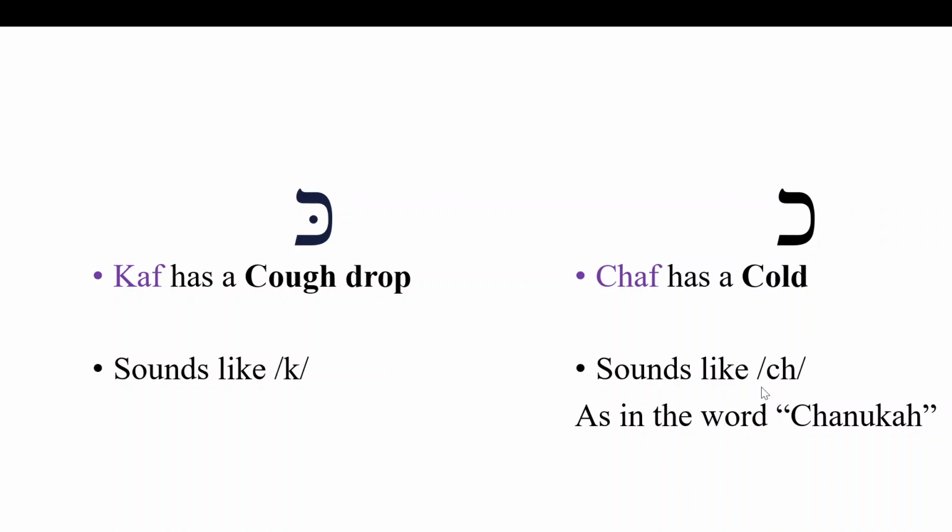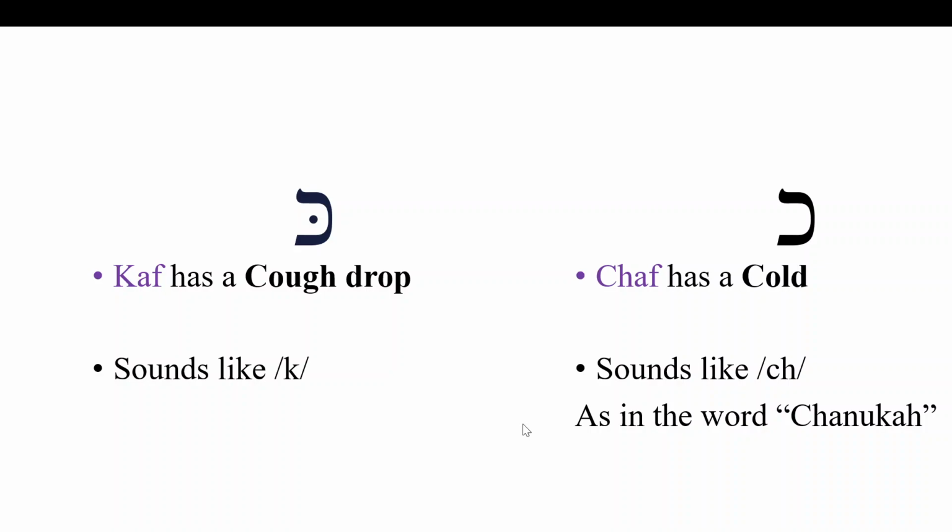Remember, in English, we'll often notate the ch sound as ch. Remember, it's not ch. There is no ch sound in Hebrew. We say ch as in the word Chanukah. And then over here we have the kaf, which makes a hard k sound. The kaf then now has a cough drop in the center.